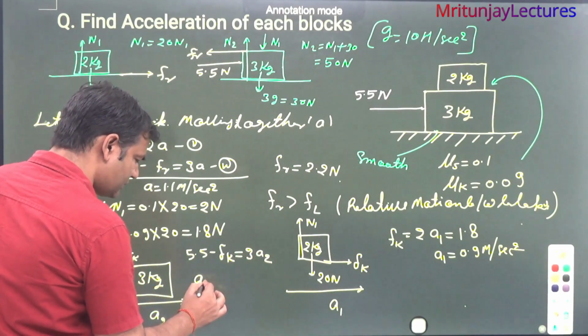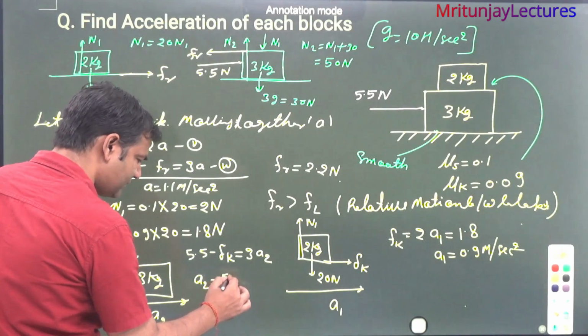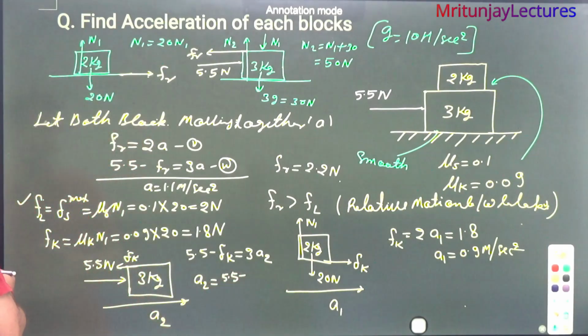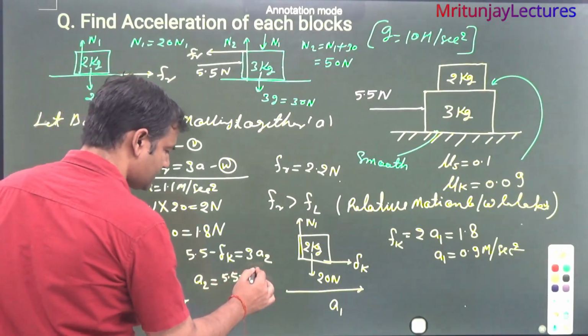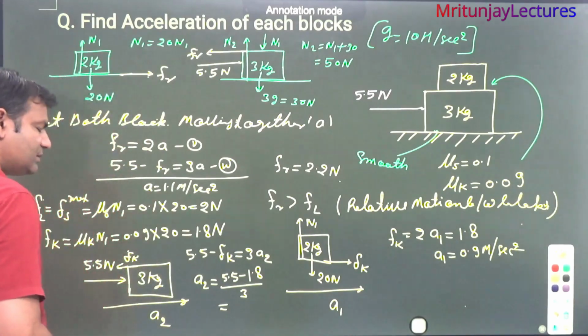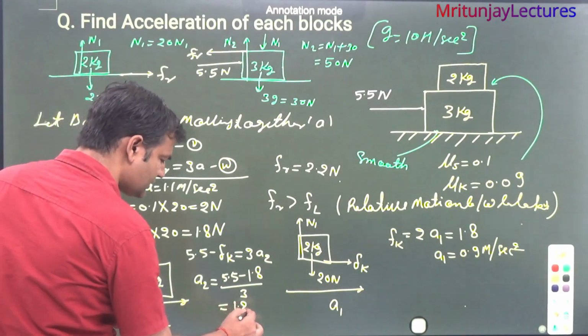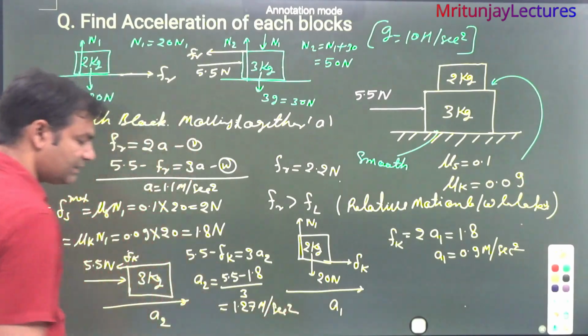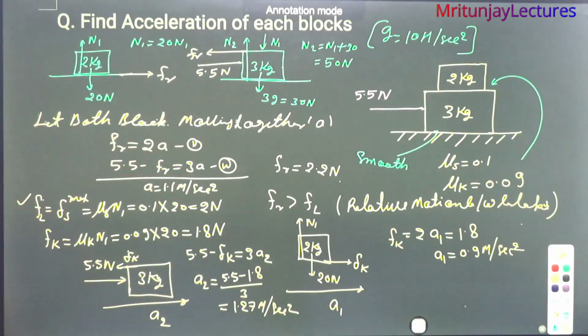So A2 equals 5.5 minus Fk, where Fk is 1.8, divided by 3. That is 1.27 meter per second square. Okay, clear or not?